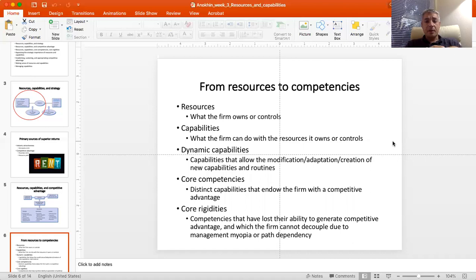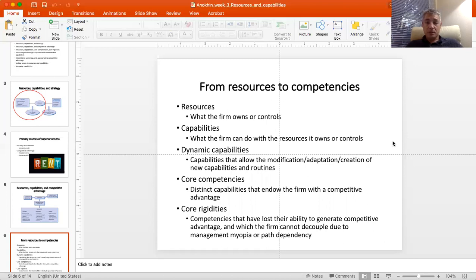I think of this as maybe a learning capability, when you can learn from the environment, when you can maybe redeploy the resources that you already have and come up with an ability to do something else in addition to what you've been doing previously to address whatever changes you see in the external market. Some of those capabilities, the distinct ones that truly endow the firm with a competitive advantage, would be known as core competencies.